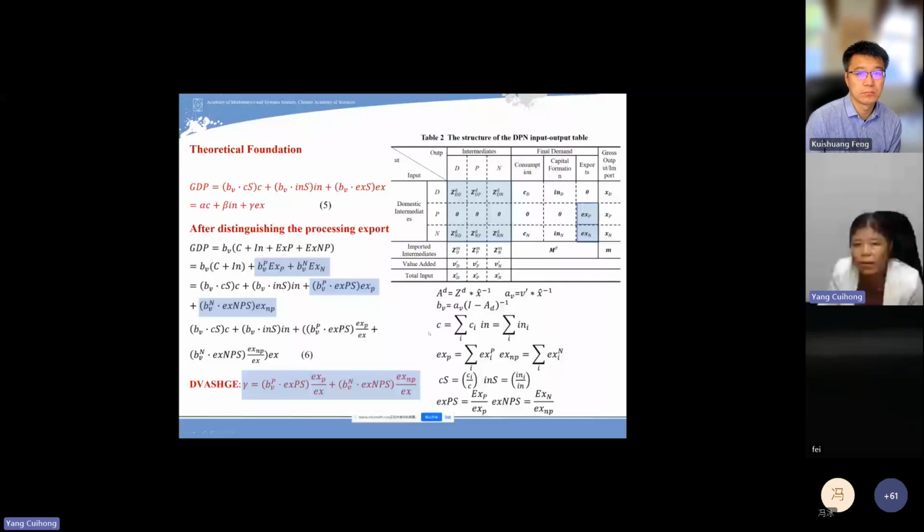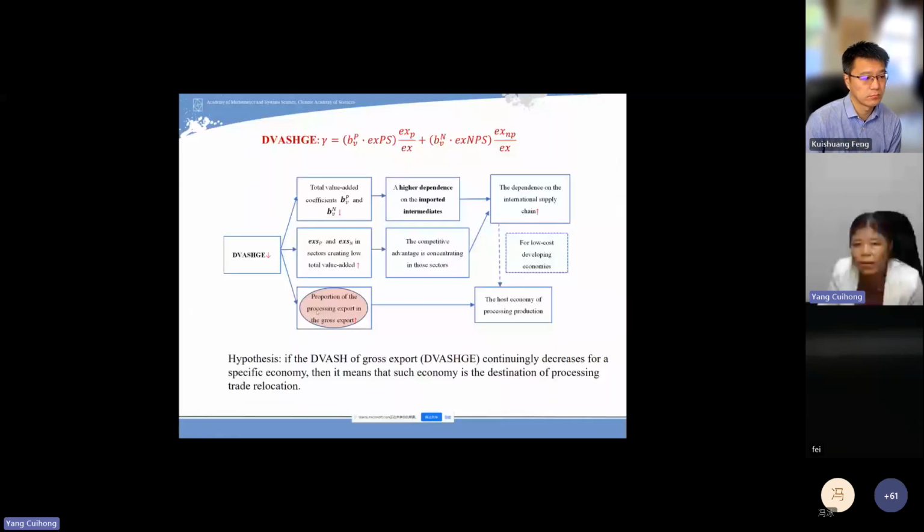Actually, the domestic value added share of gross export is mainly determined by three kinds of factors. One factor is the proportion of processing export in gross export. As I just mentioned, the domestic value added of processing export is much lower than other types.